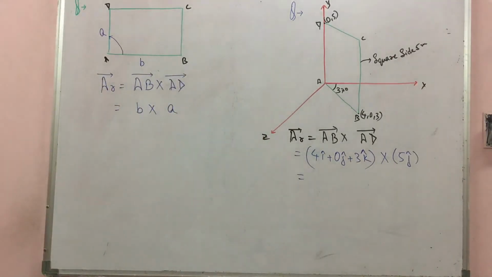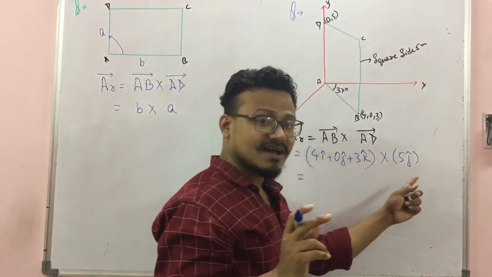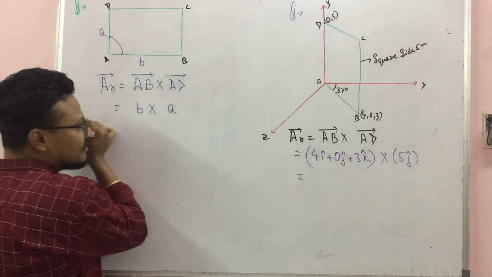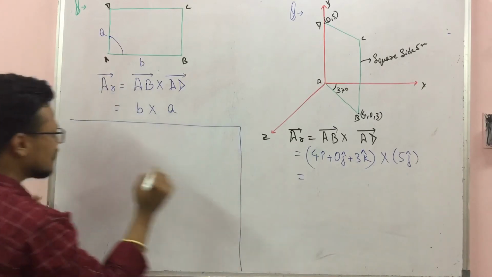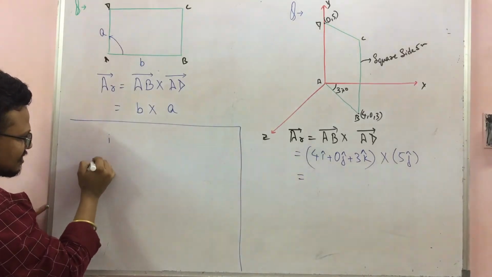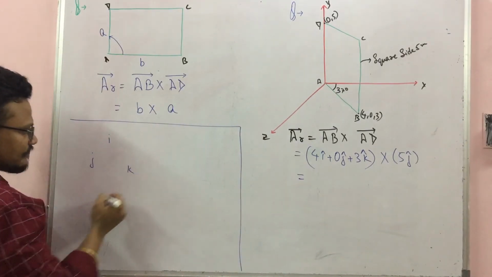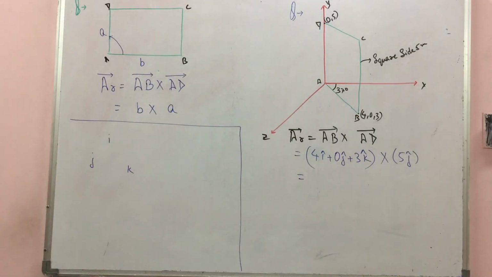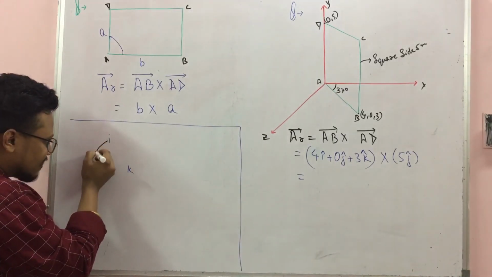4 cross 5, so i cross j. I cross J is K. See, a little bit I'll show you here, very small, like i, j, k.